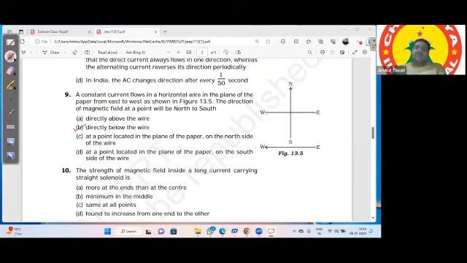I got it as A because the first time I used the left hand. If I use the left hand, I'll get the wrong answer. So always use the right hand for the Maxwell rule. By using the right hand, you will get the correct answer 9B. So who all had sent the correct answer? Let's see.